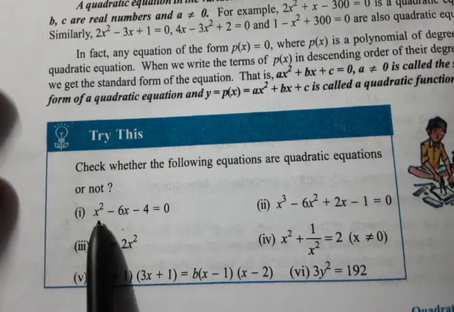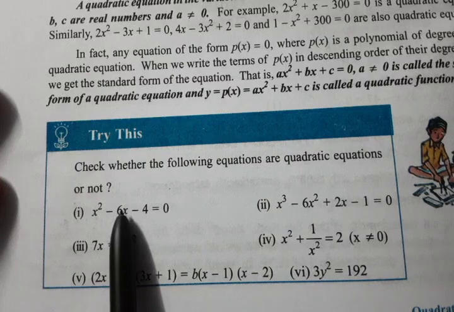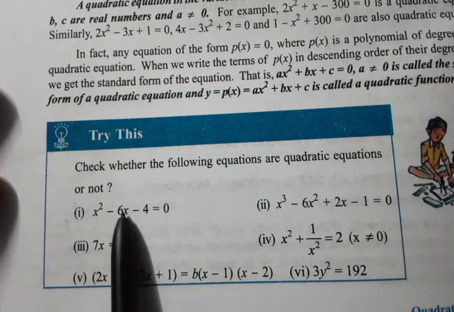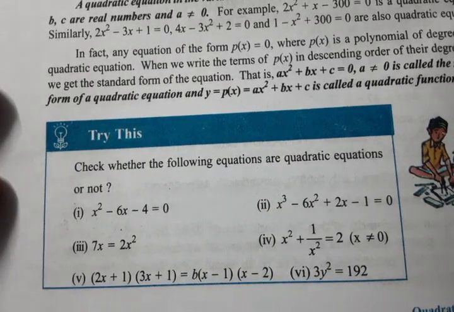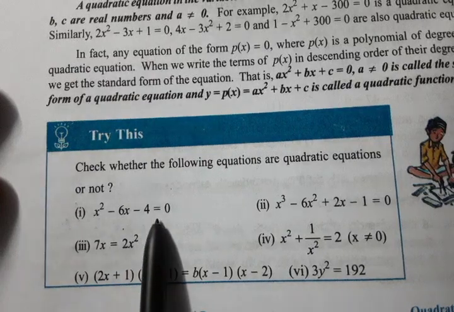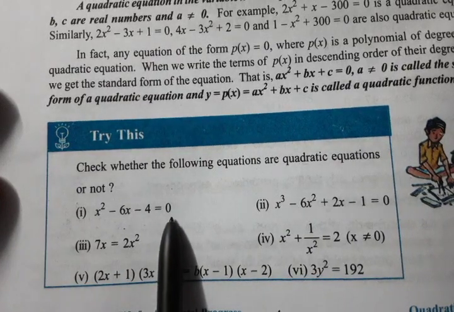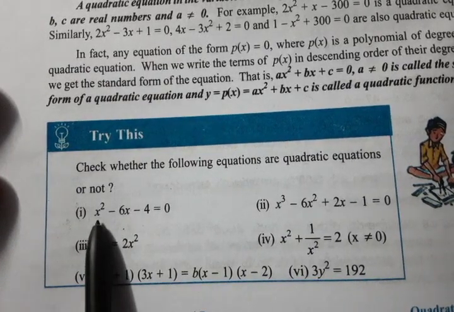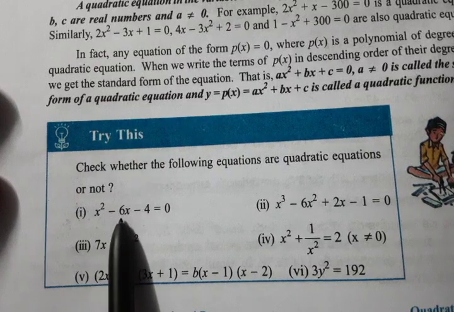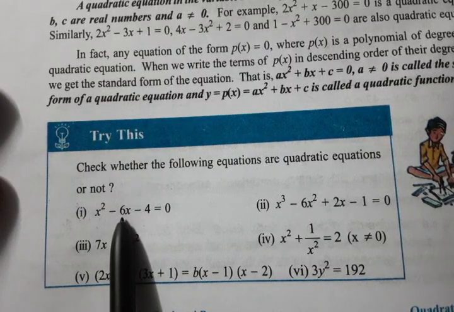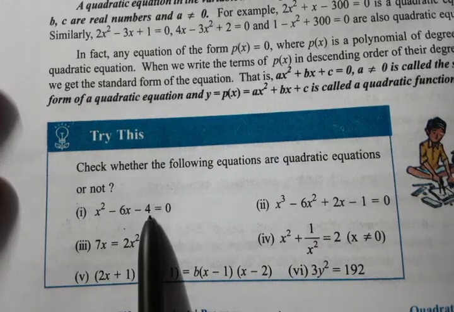Check whether the following equations are quadratic equations or not. X square minus 6x minus 4 equal to 0. Here is x power 2, in the second term variable x power 1, and here is the constant, that means x power 0.